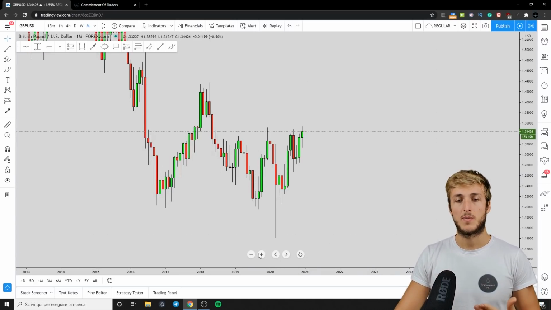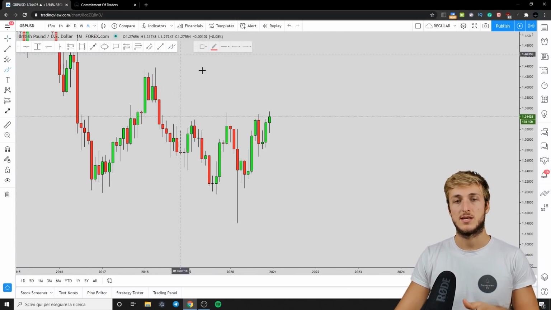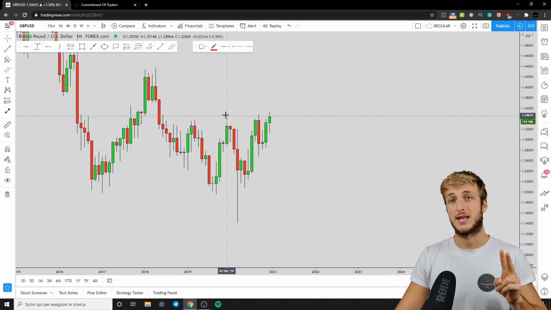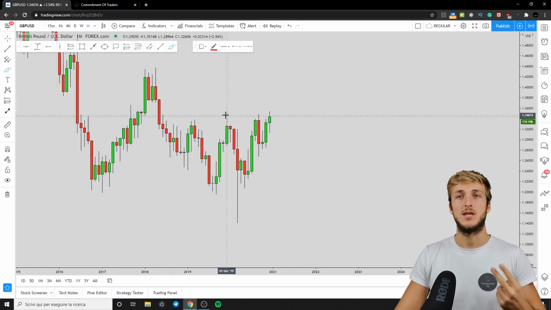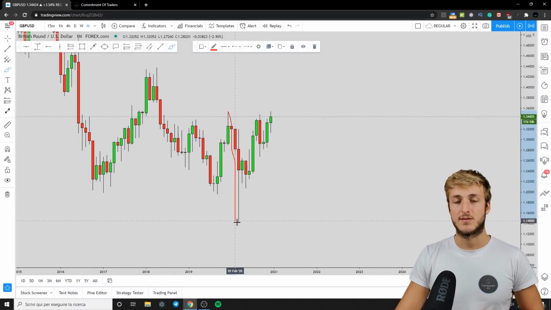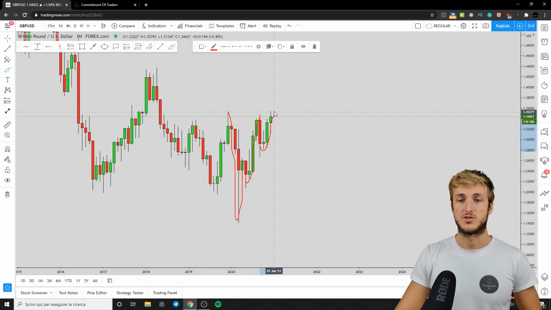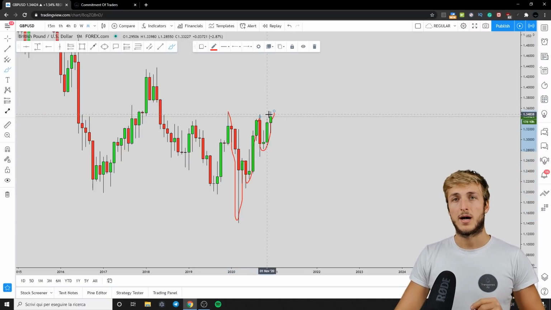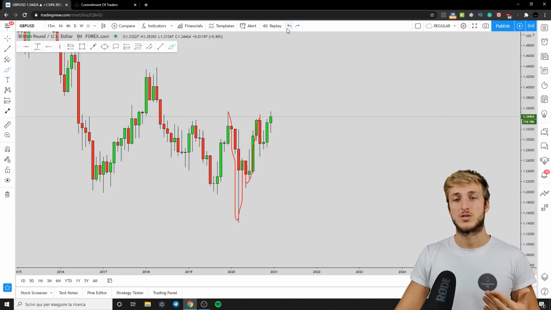Now, starting here from a monthly perspective, what we can see is that the market has just completed two very important patterns. First of all, we can identify this W formation here, and we can also identify this impulse, correction and impulse pattern to the upside. Now, these two patterns usually are connected.